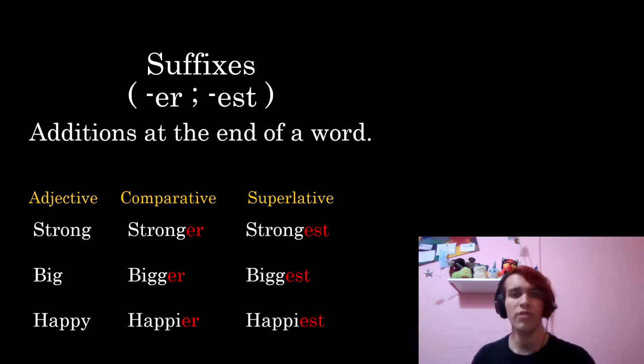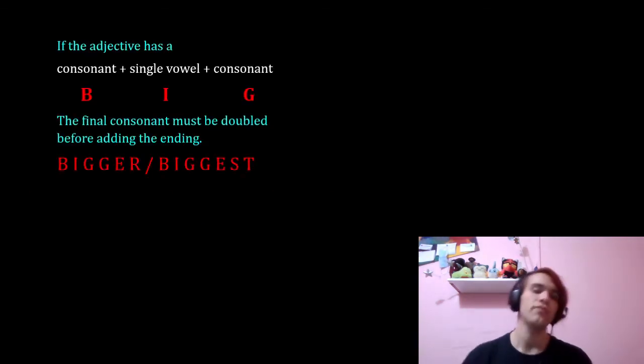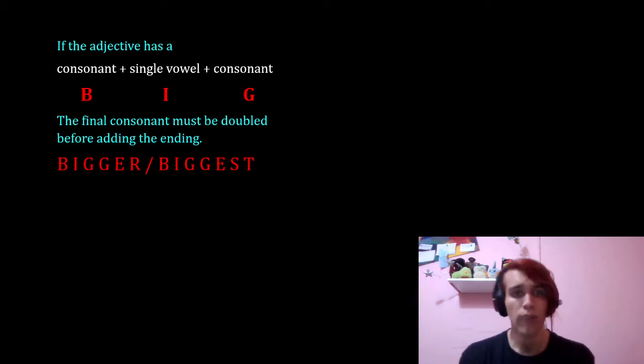There are some rules that we have to follow in order to make correct use of the adjectives. If the adjective has a consonant plus single vowel plus consonant structure, like the word big, the final consonant must be doubled before adding the ending.